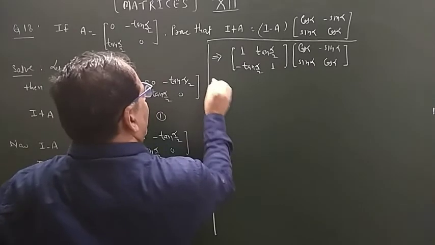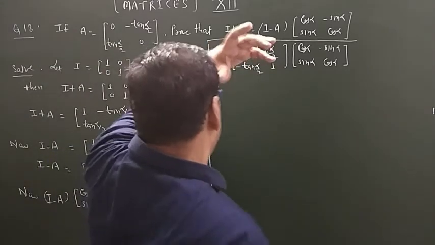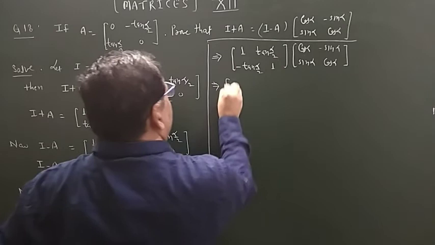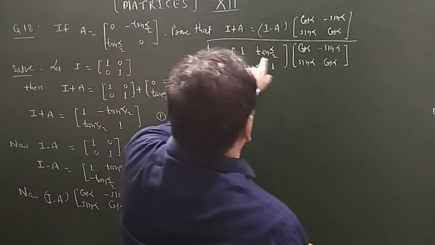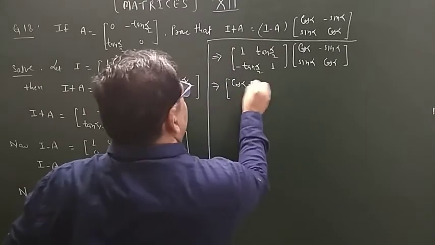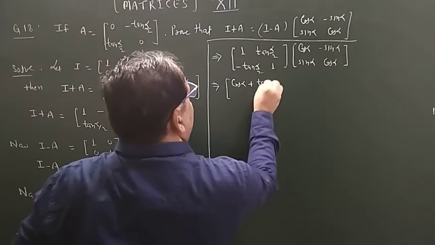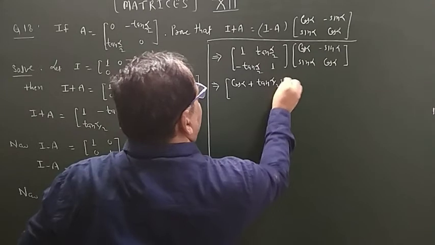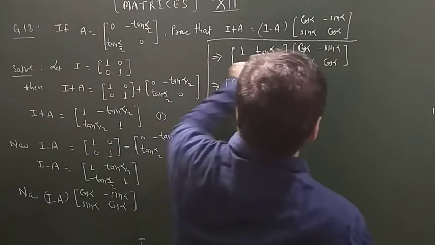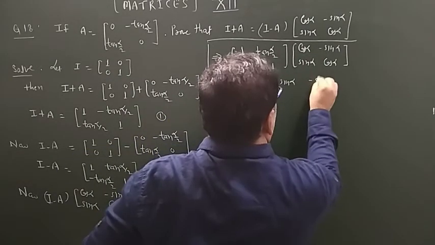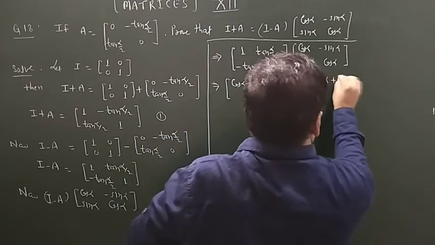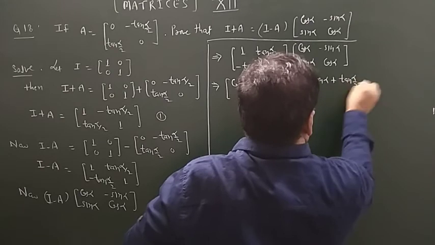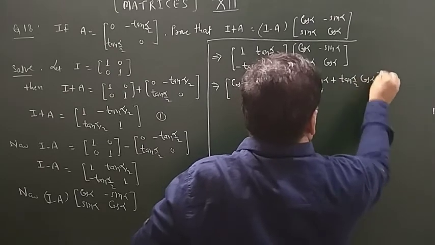Now we multiply these two matrices. 1 multiplied with cos alpha, so we have cos alpha. Tan alpha by 2 multiplied with sin alpha, so plus tan alpha by 2 sin alpha. Now 1 multiplied with minus sin alpha, so minus sin alpha, plus tan alpha by 2 multiplied with cos alpha, so tan alpha by 2 into cos alpha.